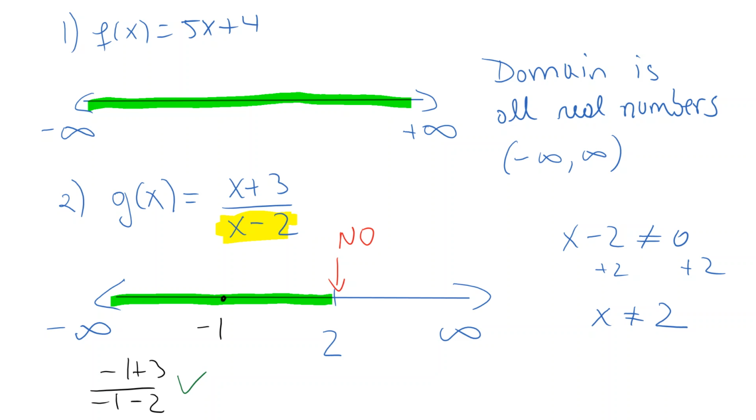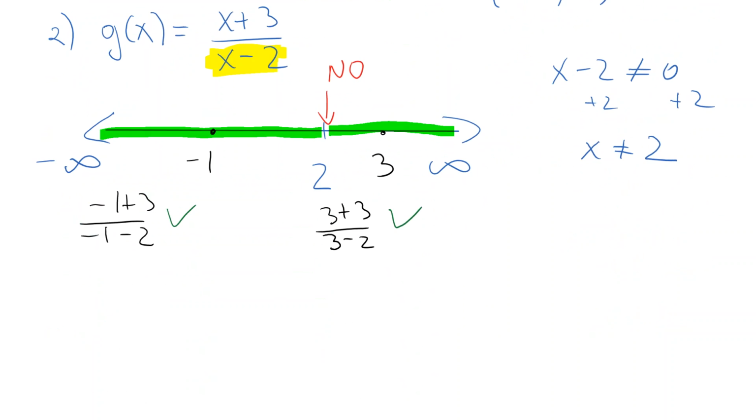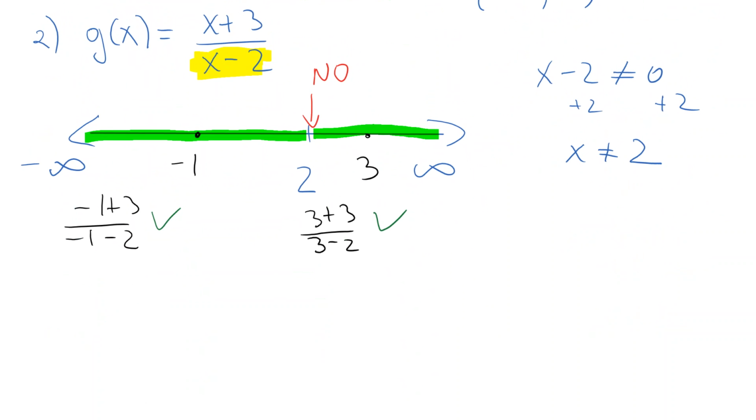Also, let's test a point greater than 2. So let's put 3. To test 3, we have 3 plus 3 divided by 3 minus 2. That is also legitimate. It's 6 divided by 1, okay? So then everything greater than 2 is also going to be part of the domain of g.